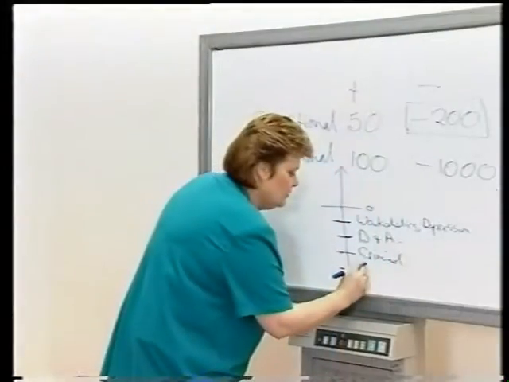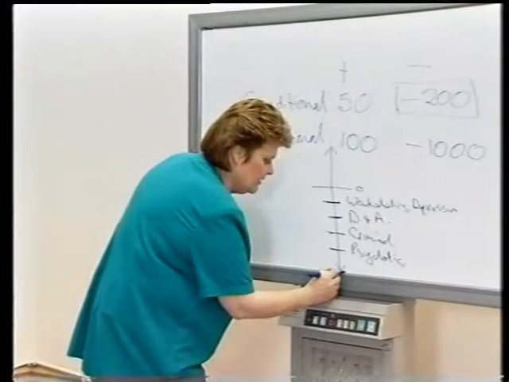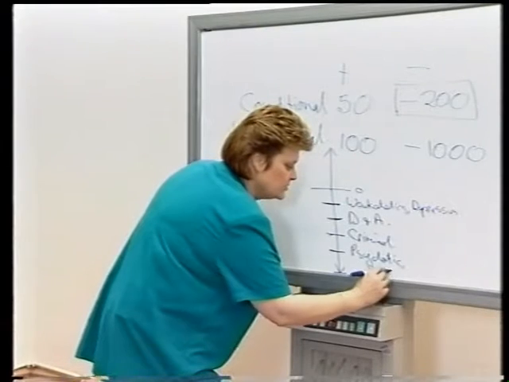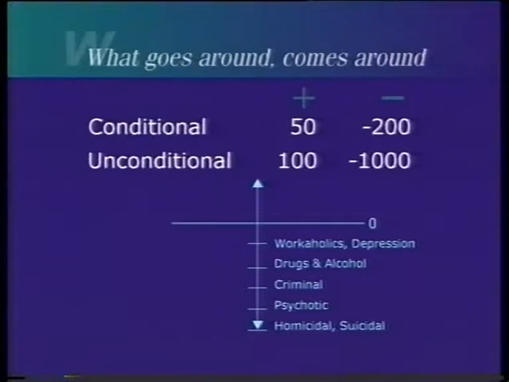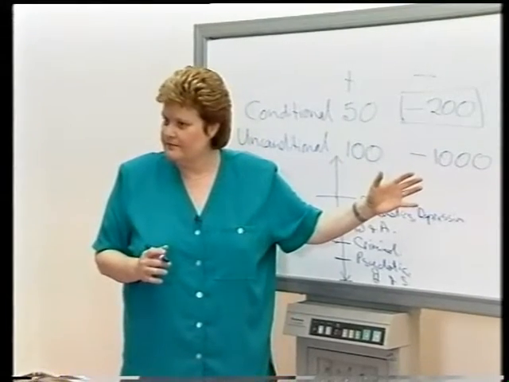A bit further down, we get into psychotic illnesses, mental illnesses, or serious personality disorders. And at the bottom here, the most extreme form is homicidal and suicidal behaviour. So it becomes increasingly more dangerous the more of these you've experienced, particularly in early childhood.